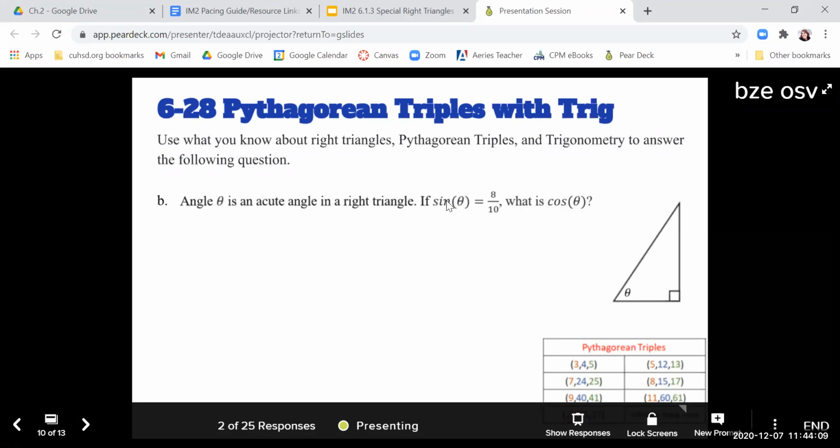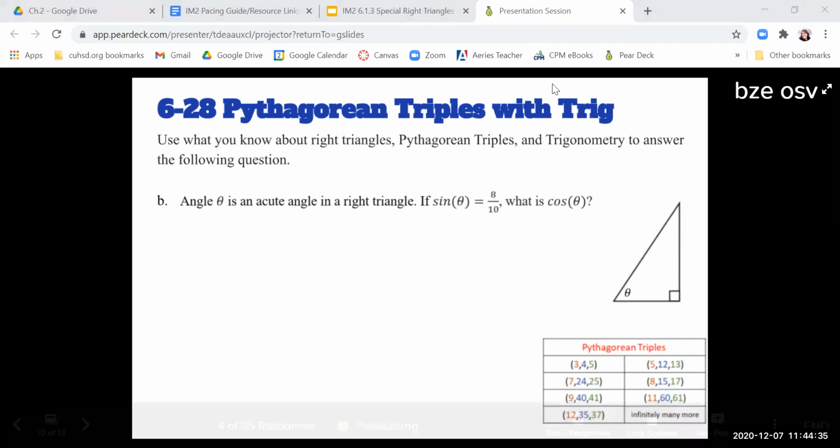Now remember, this is actually something we can adjust from the beginning. Remember that the sines, cosines, and tangents are all equivalent to each other. So it doesn't matter if we have our fraction as 8 over 10 or if we reduce it. I'm going to reduce this fraction first because it's going to make my life a lot easier to find my Pythagorean triple.